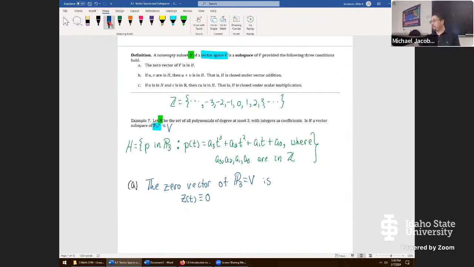There's really only one coefficient in a certain sense. We're thinking of that as a coefficient as well, even though it's just the constant term. But that's an integer, so it does actually belong to the set H.